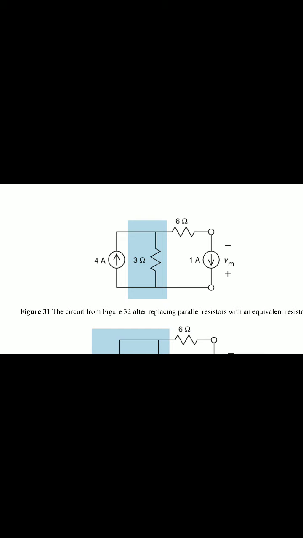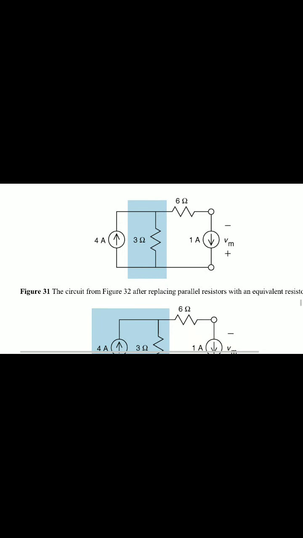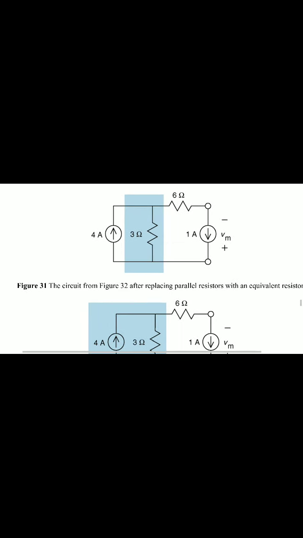Now here the 4 amps and 3 ohms, the current source is in parallel with a resistor. So here, which gives the voltage source.